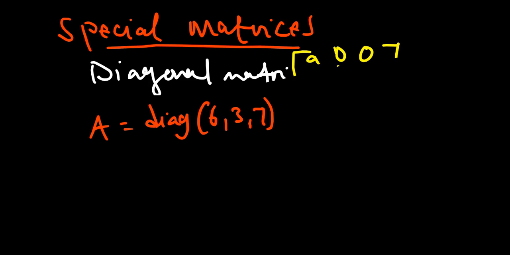What are you going to do? You're just going to say this is equal to, and the first entry will be 6, then 0 0. In the second row I'm going to put the 3, and the other places 0. The third row will be 0 0 7.